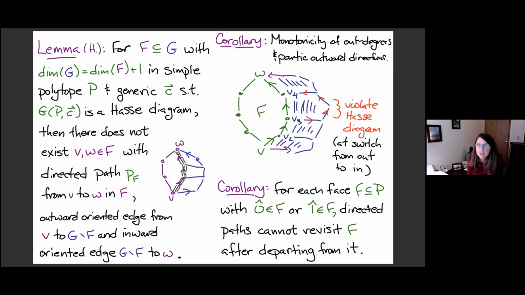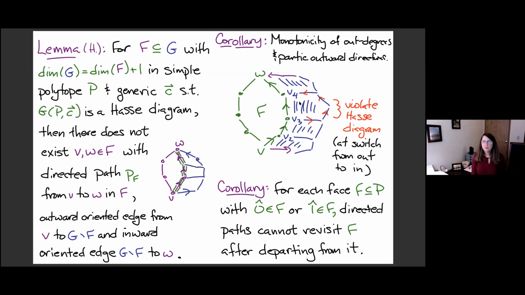And when that happens, you can prove that you have a two-dimensional face that contains both this edge and this vertex; this will be the unique source of that two-face, this will be the unique sink, and you'll have this path from here to here and this other one, and you'll violate the Hasse diagram property. Voila. So that seems like a tool that you could work with.